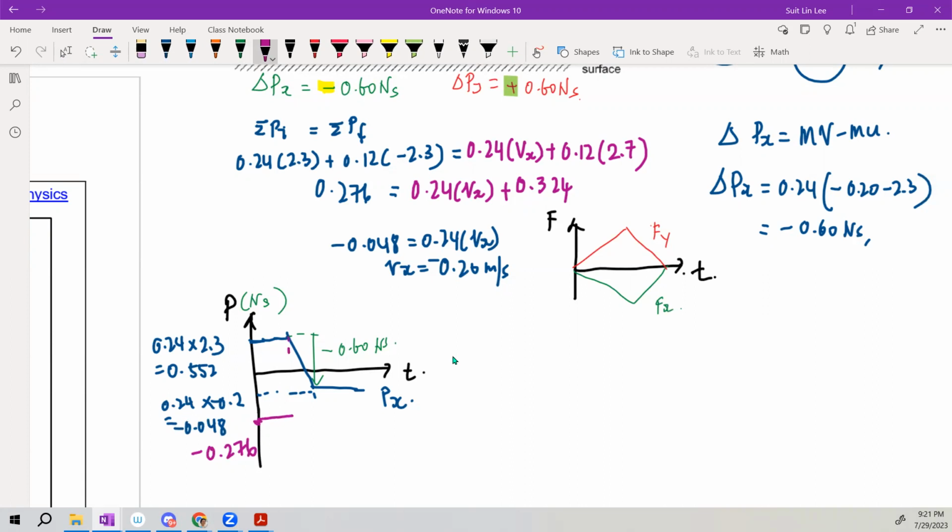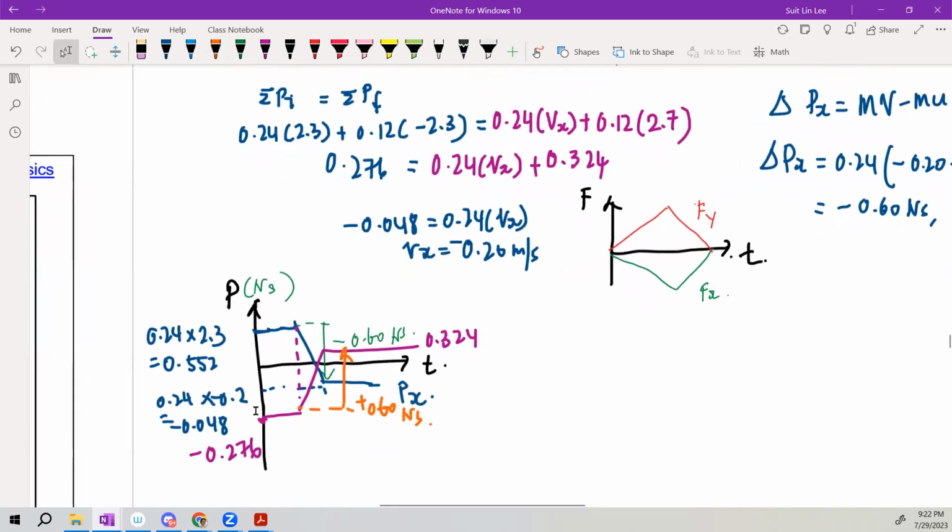And then eventually it will level up to the positive region, 0.324. So somewhere here. So the momentum of y has increased by 0.6. So this is the so-called conservation of momentum. The momentum of x has decreased by 0.6. And where did the 0.6 go? It went to y.